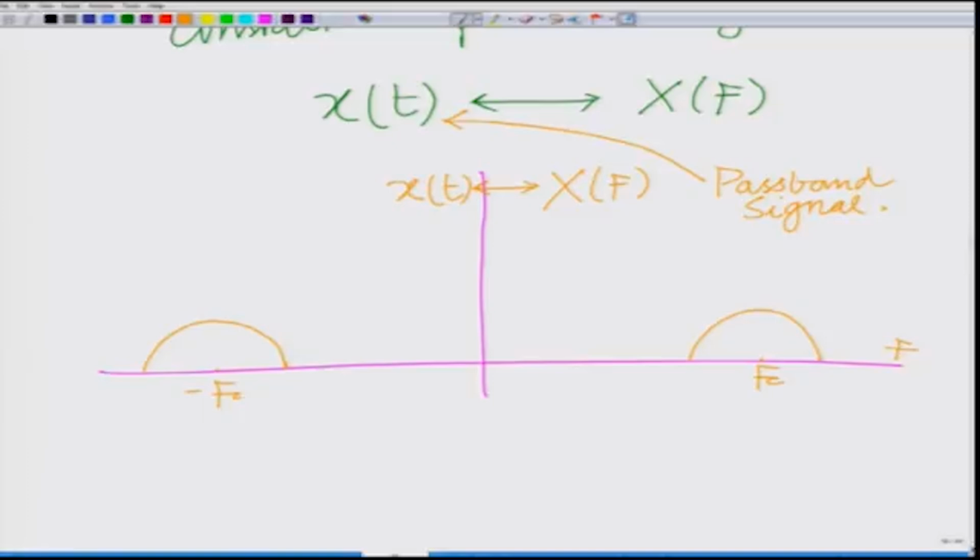Since it is a real signal, it is symmetric, correct. So, it has basically two bands, one centered at f c and one centered at minus f c.